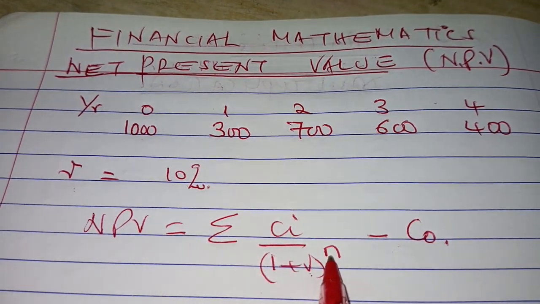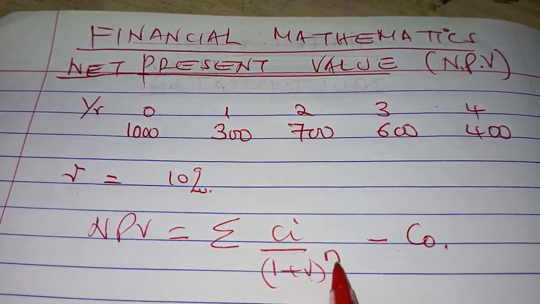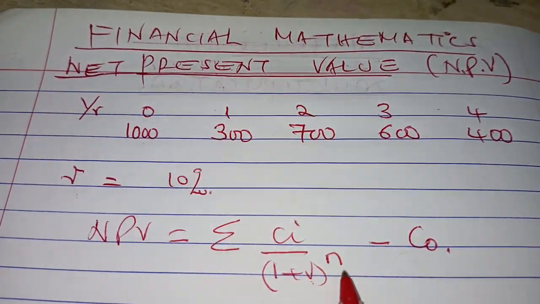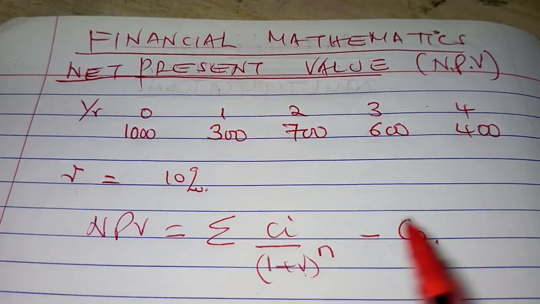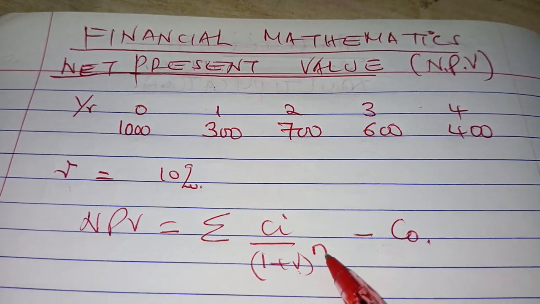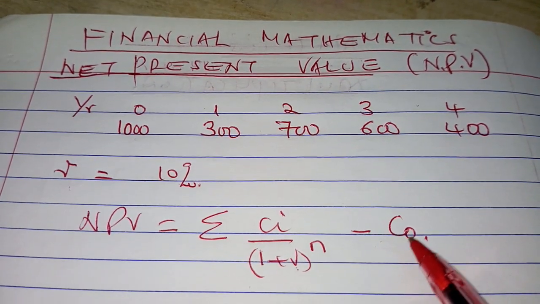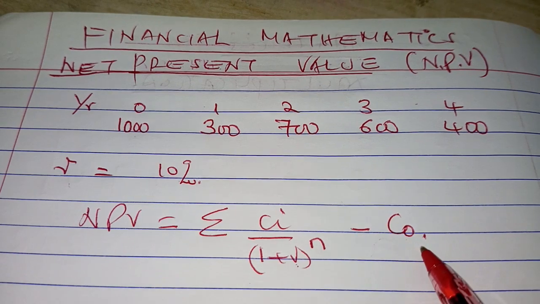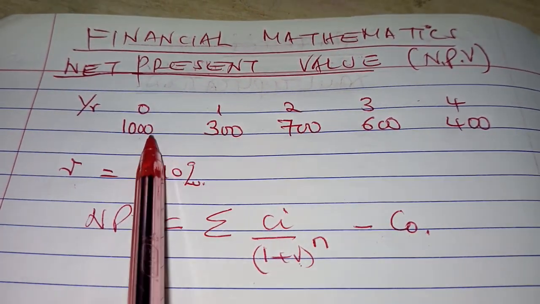Now, in this case, we shall sum all the cash inflows divided by their respective 1 plus r raised to the power of the number of years. For the first year, we shall have n being 1. For the second year, n being 2. For third year, n will be 3. And for the fourth year, n will be 4. Now, the cash outlay is also divided by 1 plus r raised to power n, but n is 0 in our 0th year.